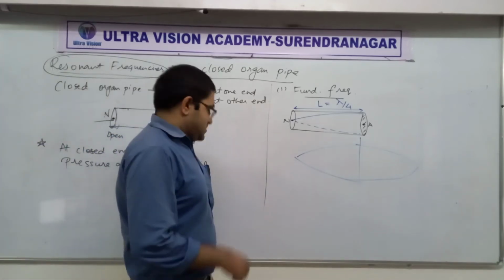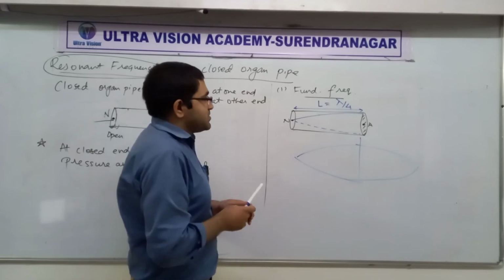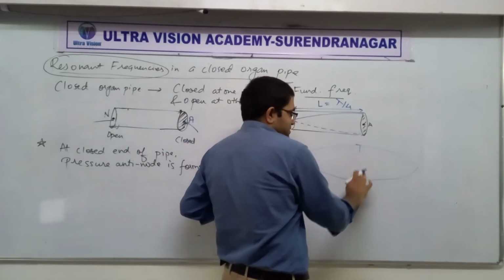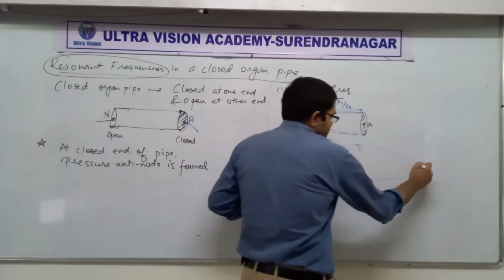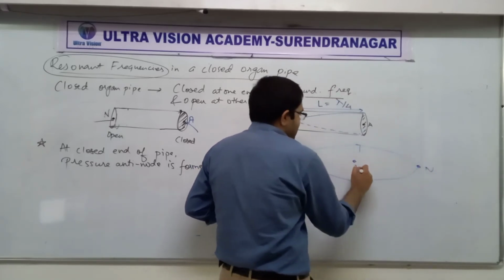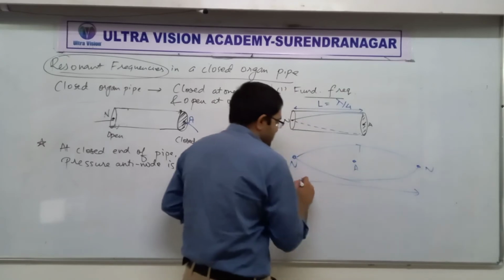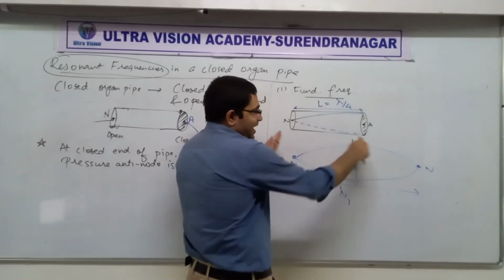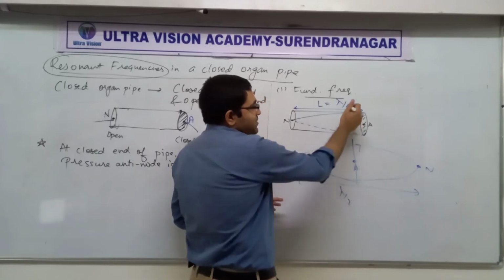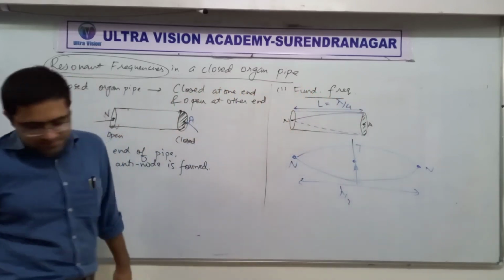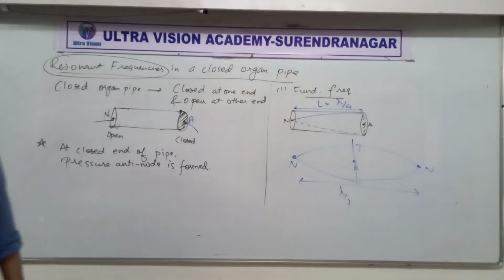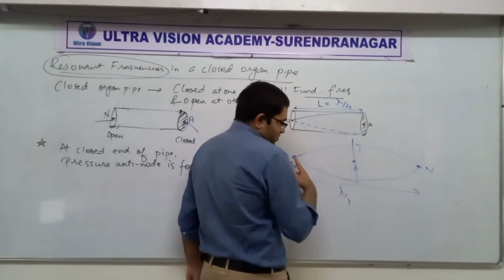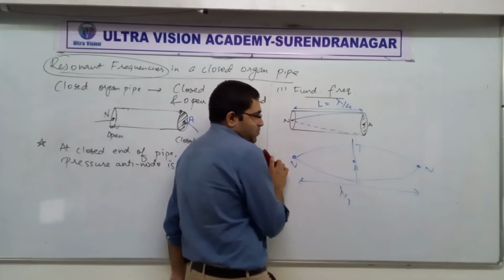Alright, let me just repeat it, it's very important, everyone. See, what we have learned earlier is that when we draw such a loop with node here, and antinode in between, this total length is lambda by 2, isn't it? And now here we are only drawing up to this point, so it's half of it. What is half of lambda by 2? It's lambda by 4. Clear? Okay? Right? So we have drawn half of this, that's why it's only from node to antinode, lambda by 4.